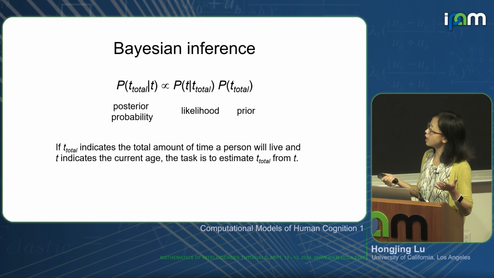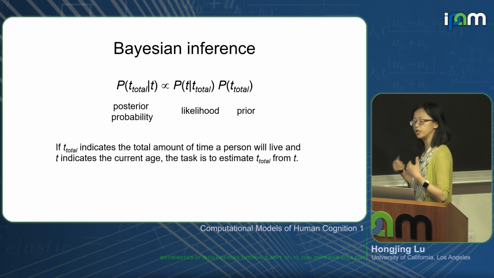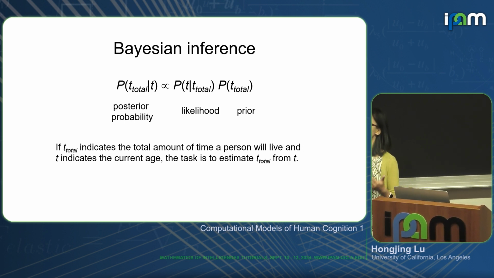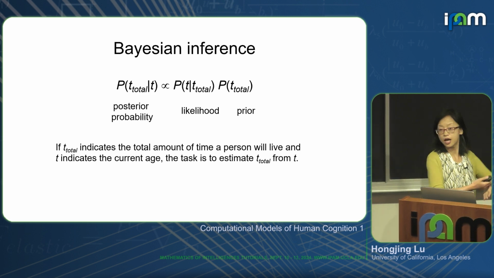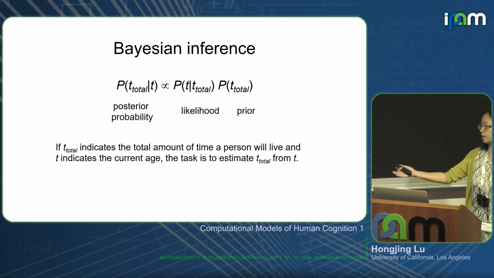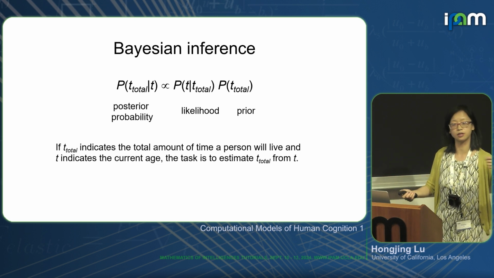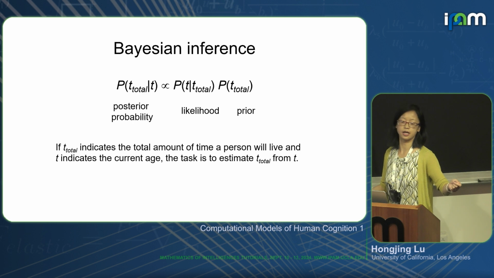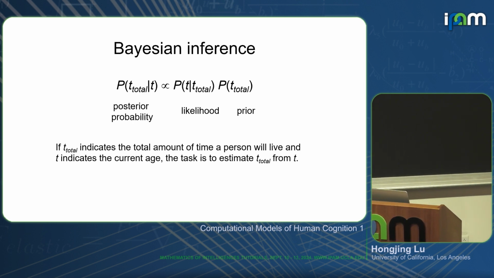The likelihood basically captures your knowledge, your understanding about this data. It captures the idea that if this person's lifespan is 75, you have equal probability to meet this person at any point during their lifespan. That captures the random sample idea for the likelihood.